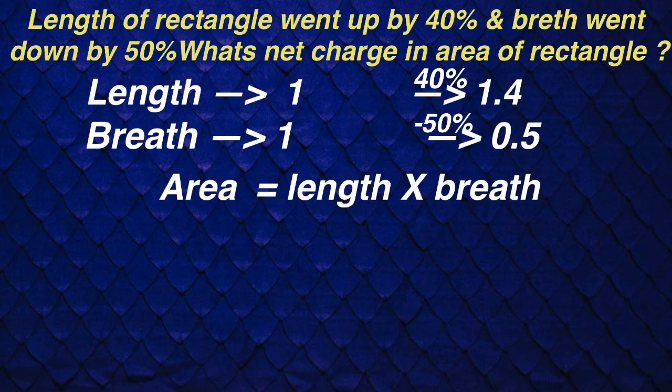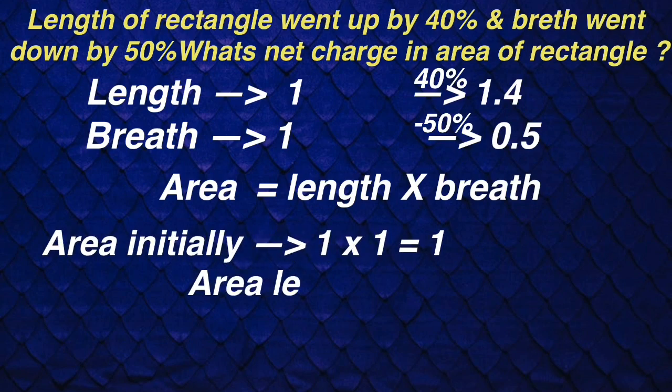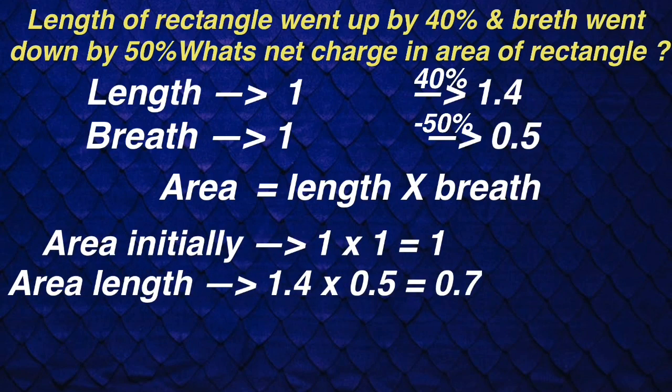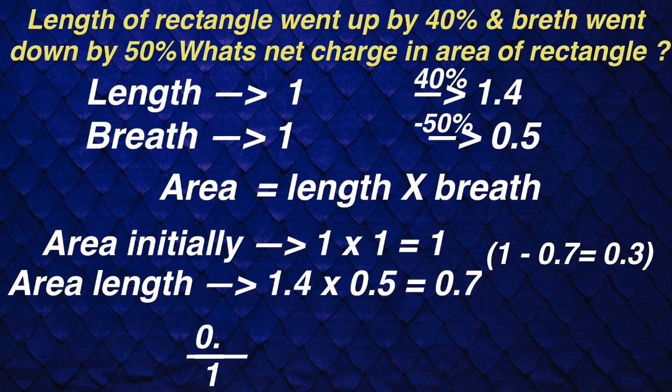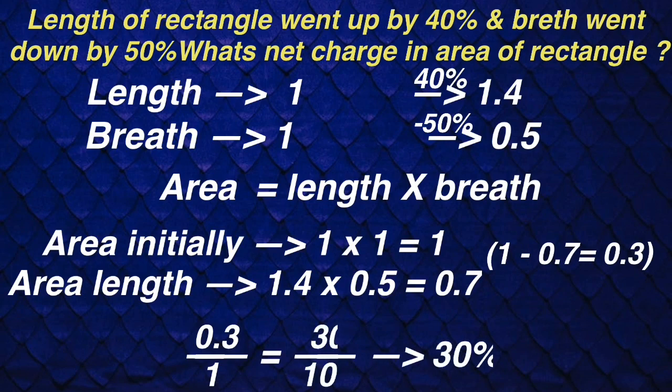Here area is length into breadth. Area initially 1 into 1 is 1. Area now, length 1.4 into 0.5, is 0.7. So the net change in area of the rectangle is 1 to 0.7. That means 1 minus 0.7 is 0.3 out of 1. 0.3 by 1 into 100 by 100 is 30 by 100, 30%.